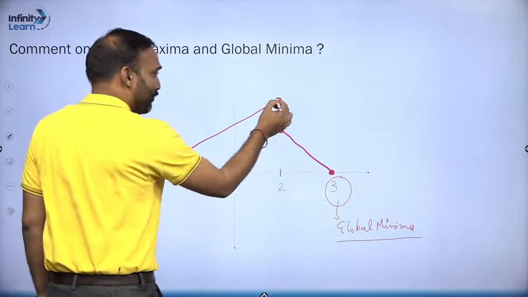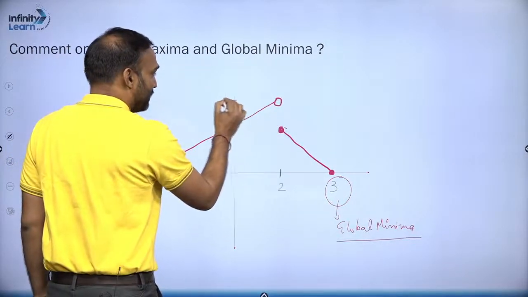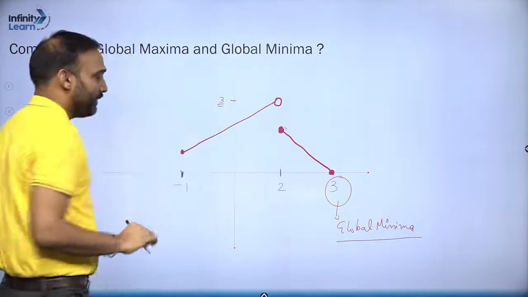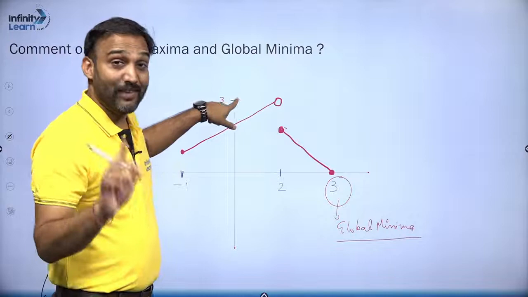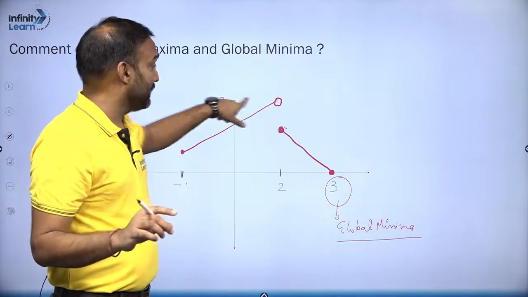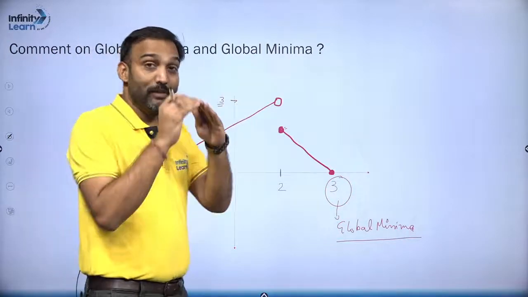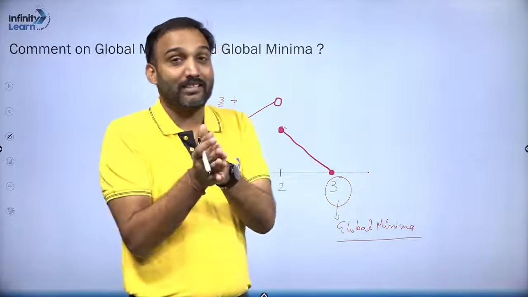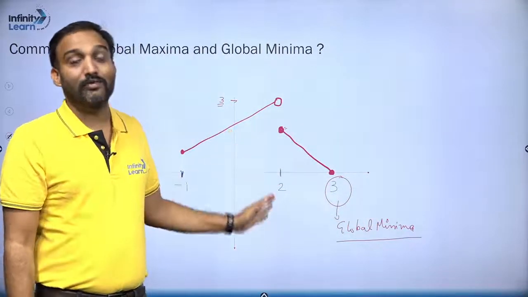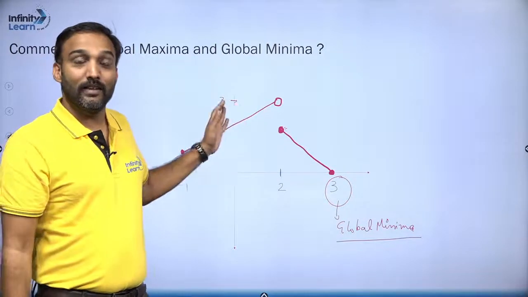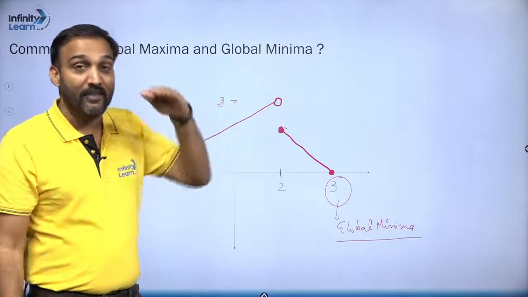Similarly, the value of y, let's say if this point is 3, for example, the function will not attain the value of 3. It will be slightly less than 3, it is 3 minus h. So the value of y is also not definite over here. Even if x is definite, the y is not definite because I cannot say I have attained 3.